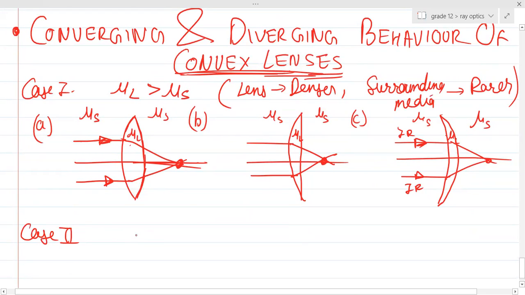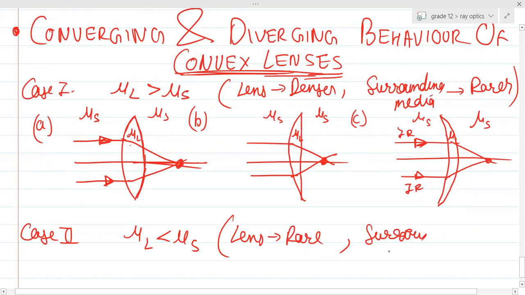Now case 2. Suppose this happens, that implies the lens is of a rarer medium and the surrounding medium is denser. Then what will happen?